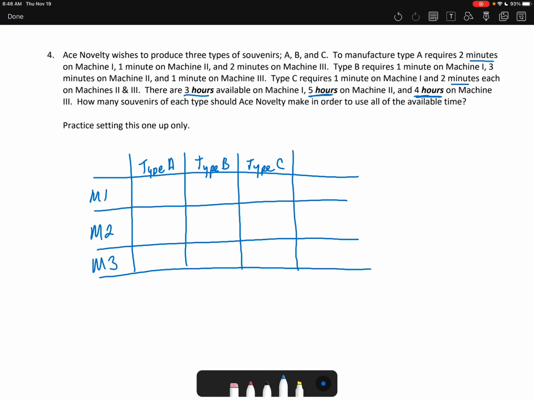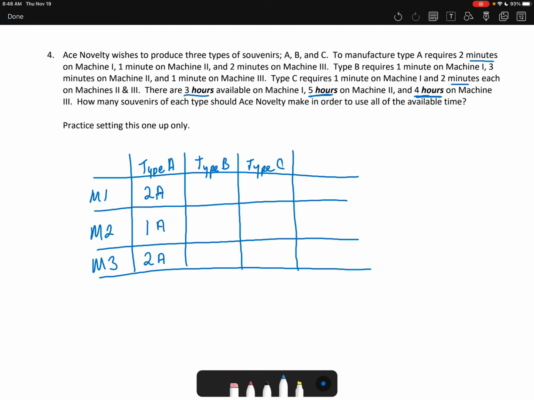So let's see. Type A, it says, requires 2 minutes on machine 1. So I can put a 2 in this first box. It requires 1 minute on machine 2 and 2 minutes on machine 3. So those are all going to get A's variables with them because they're all in the A column.